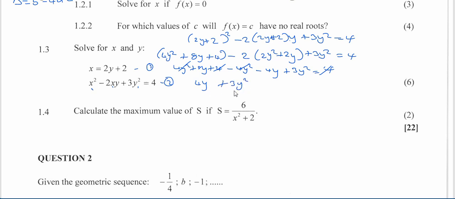So we take this one to the other side, where we have 4y equals 3y squared. We divide both sides by y, which leaves us with 4 equals 3y, so y is equal to 4 over 3.